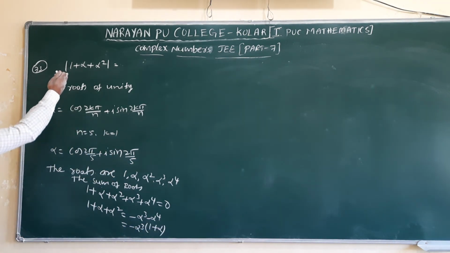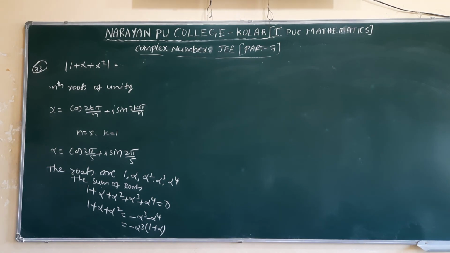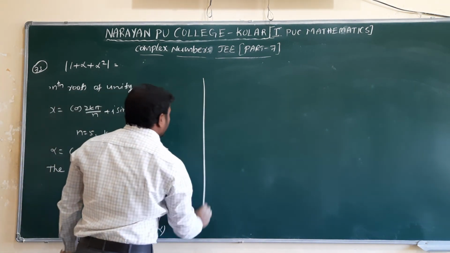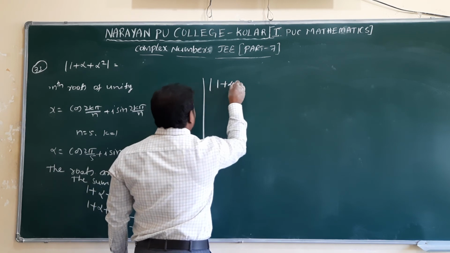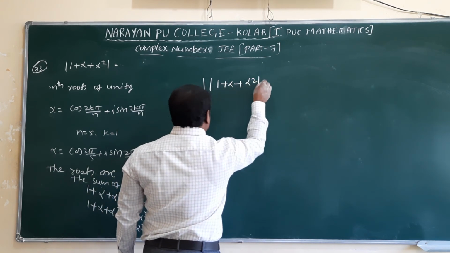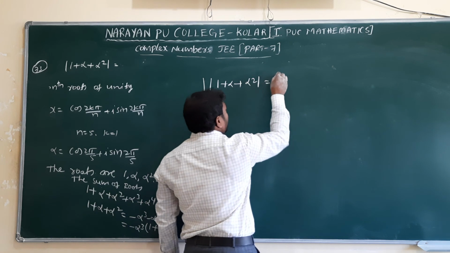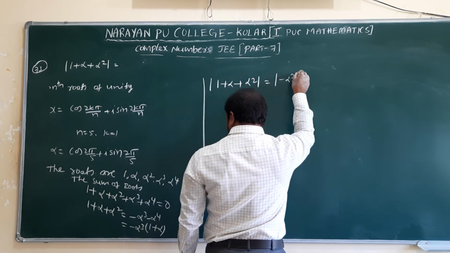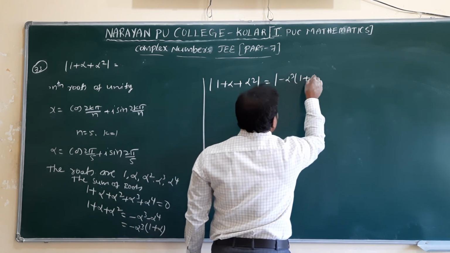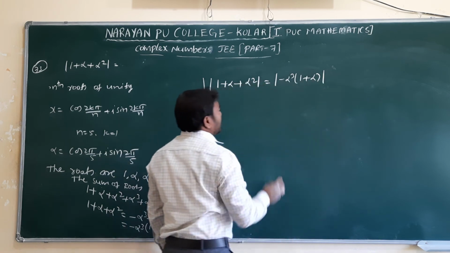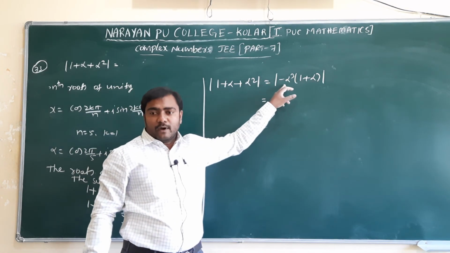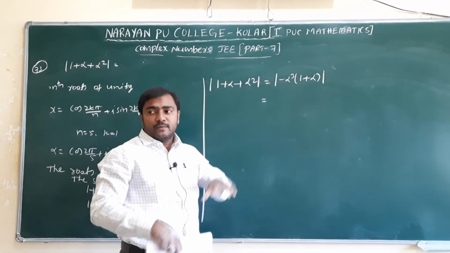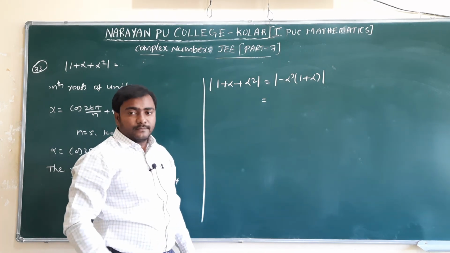Now we apply modulus on both sides. Modulus of 1 plus alpha square is equal to modulus of minus alpha cube into 1 plus alpha. Here, modulus of alpha cube, the value should be 1.